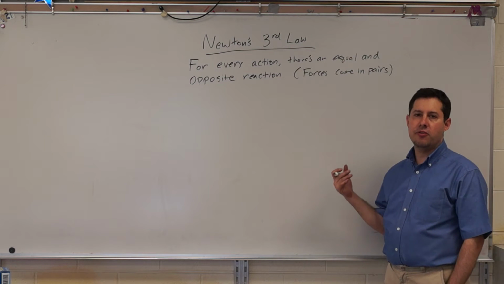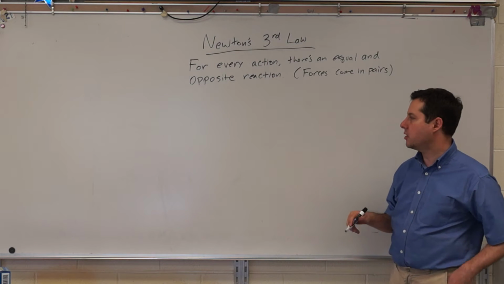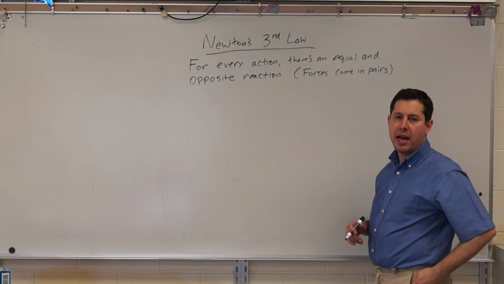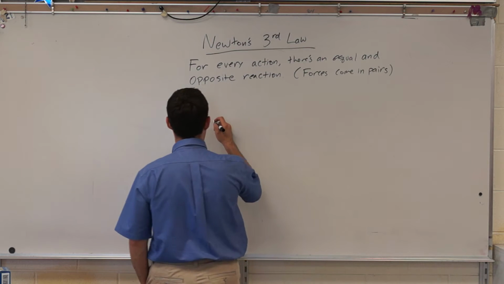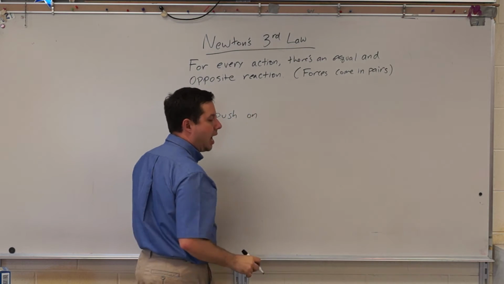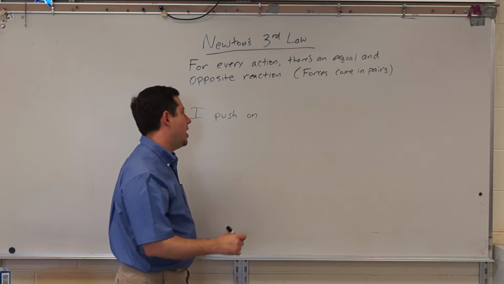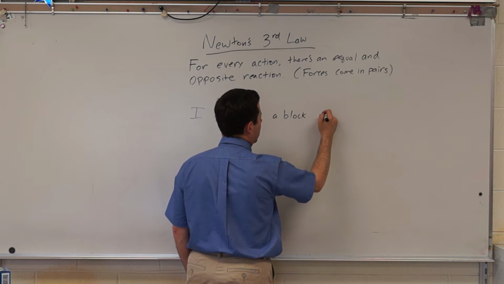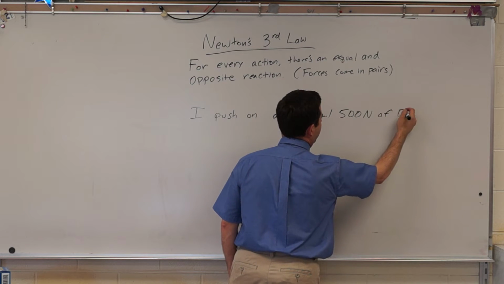And this is not two forces acting on the same object. These forces act on different objects. For example, if I push on the wall, the wall pushes back on me with an equal and opposite force. So for example, I push on, let's say not the wall, but a block, with 500 newtons of force.